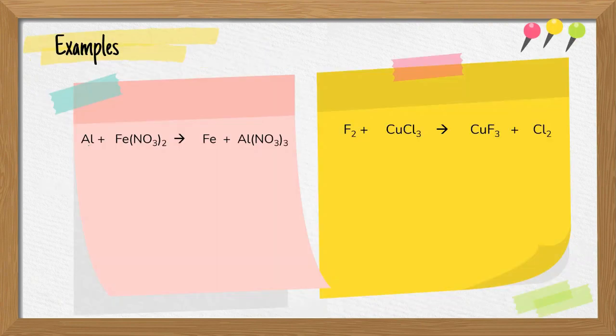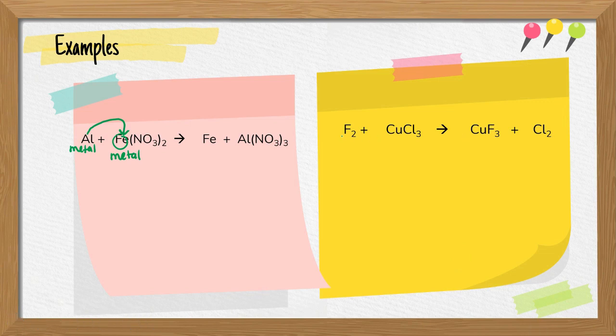All right, so here we have aluminum plus iron 2 nitrate yields iron plus aluminum nitrate. Notice aluminum, you should know that's a metal. So it's going to replace iron. Aluminum is a metal, and it replaces iron, which is the metal or the cation. In the second example over here, and we'll come back and balance that in a second, look at the second one. What's replacing?